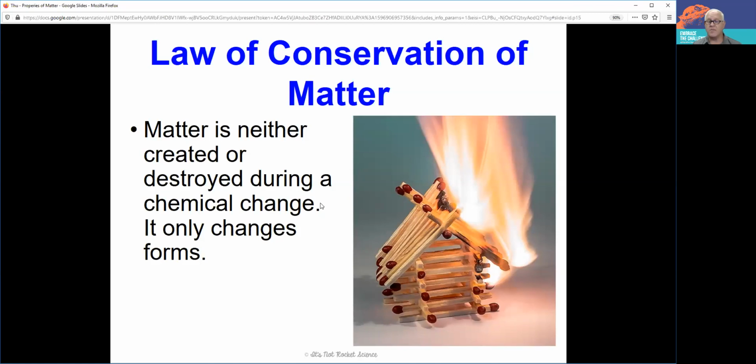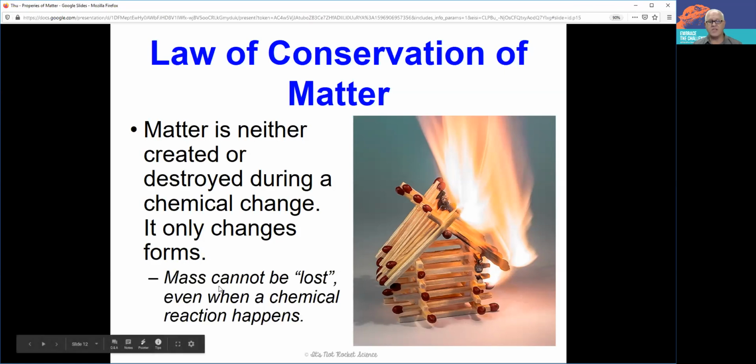And so, for example, if I'm burning some wood, if I weighed the wood before I burned it, and then after it burned, I was able to capture all of the gas and moisture that came off and capture all of the ash left, it would weigh exactly the same. So mass cannot be lost even when a chemical reaction happens.